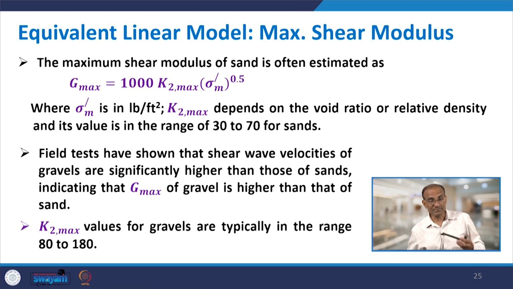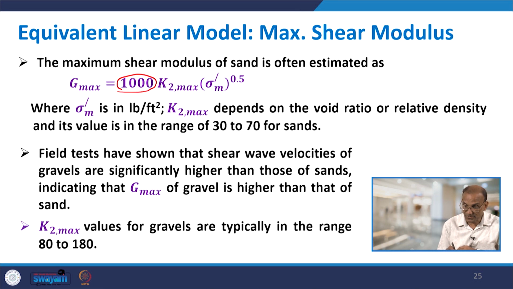K2max is a ratio with no unit, so the 1000 carries a unit, otherwise there would be an imbalance of units. As a result, this formula is unit specific: sigma m should be kept in pounds per feet square, and your Gmax answer will come in the same unit.